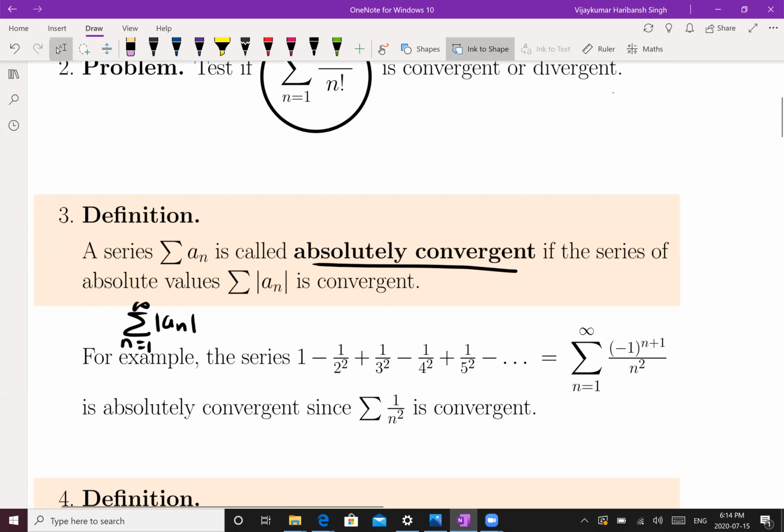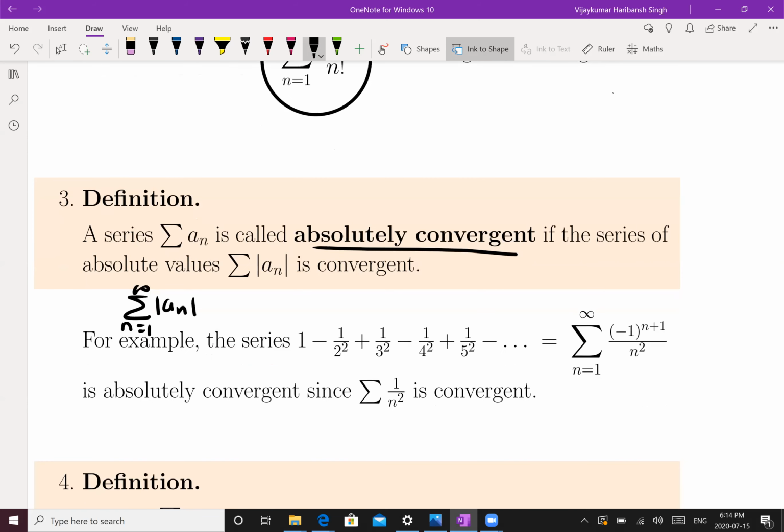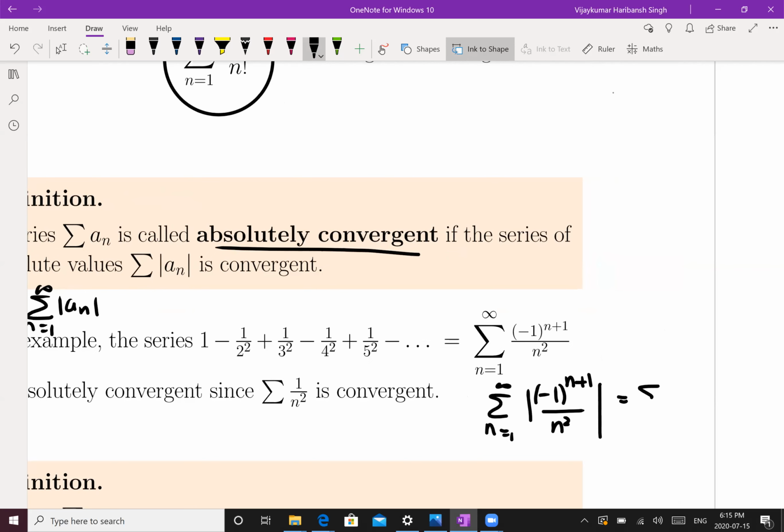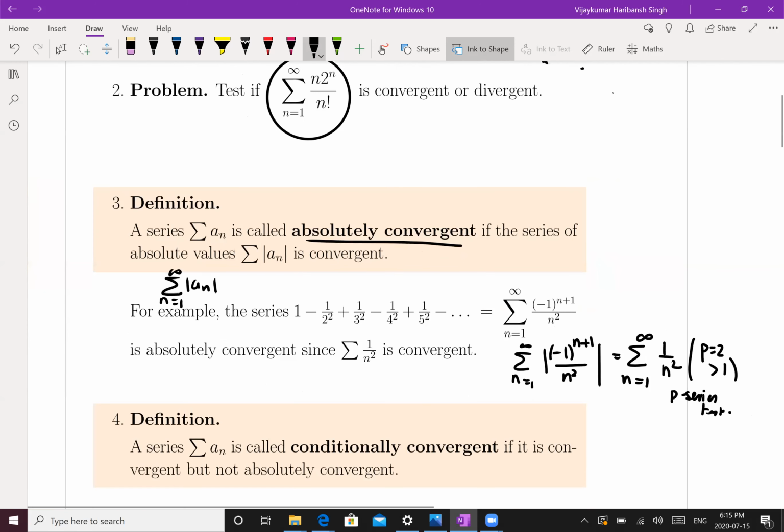So for example, if you take summation n equals 1 to infinity of minus 1 to the power n plus 1 divided by n square, and look at the absolute value of terms, this is going to be summation n equals 1 to infinity of 1 by n square, which is convergent using p equals 2. So we are using the p series test. So this series is absolutely convergent, right?